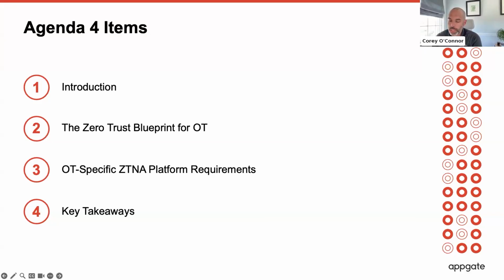And Jason Garbis will be taking us through those materials. The third one is OT-specific ZTNA platform requirements, and then we'll close it out with some additional resources and some things to follow up on after the webinar.